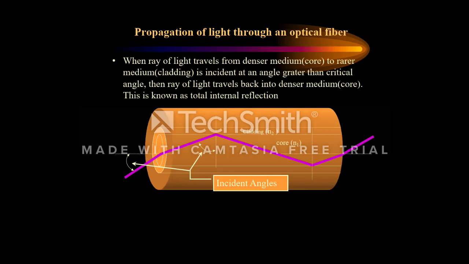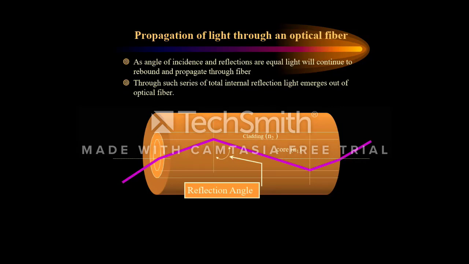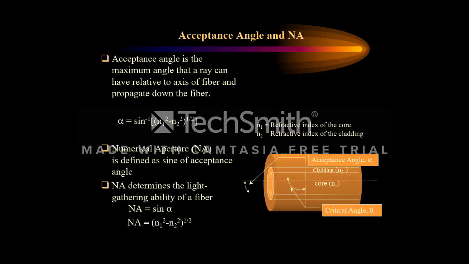So if the ray of light is incident at the core cladding boundary at an angle greater than critical angle, then the ray of light will travel back into the core and it will travel towards the other end of the core. Now, as you know, the angle of incidence and angle of reflection are always equal. So, as angle of incidence and reflection are always equal, light will continue to rebound and propagate through the fiber. Through a series of such total internal reflections, light emerges out of the optical fiber.